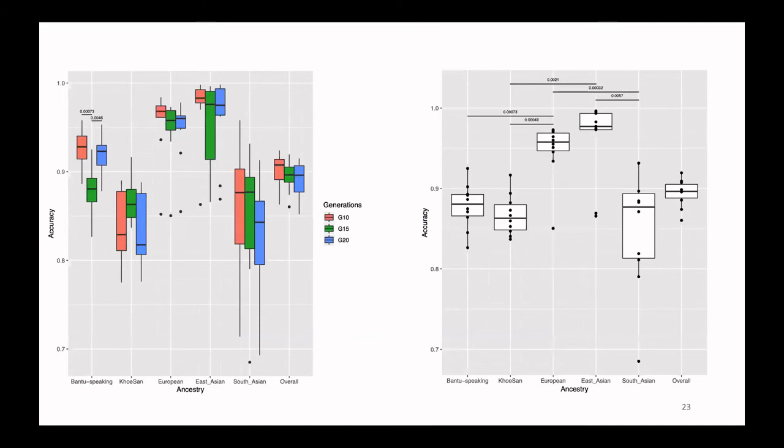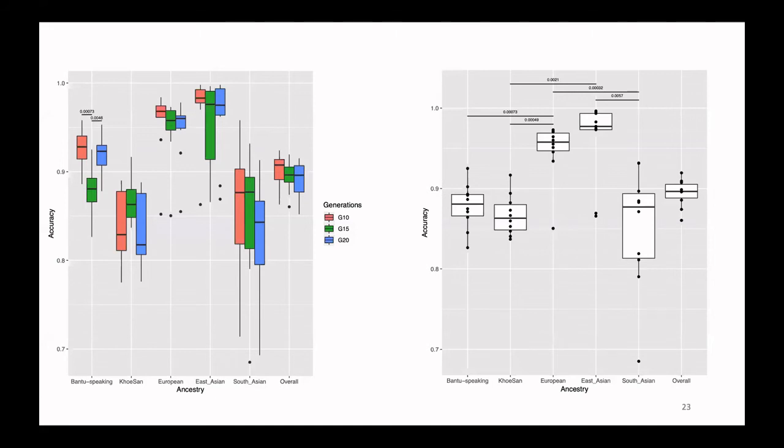The simulations were based off of a generation time of 15 generations, so we gave RFMix incorrect generation times of 10 and 20, and we looked at how accurate it was. We were happy to see that in most cases, although it's a give and a take, the 15 generation time proved to be pretty accurate.